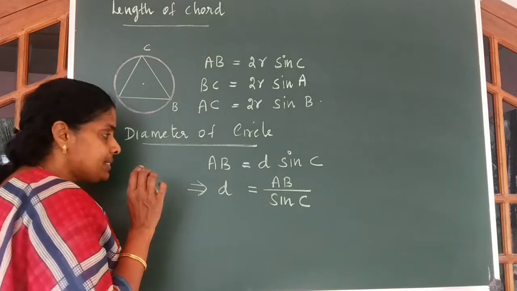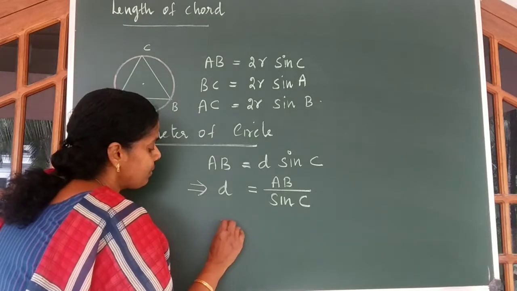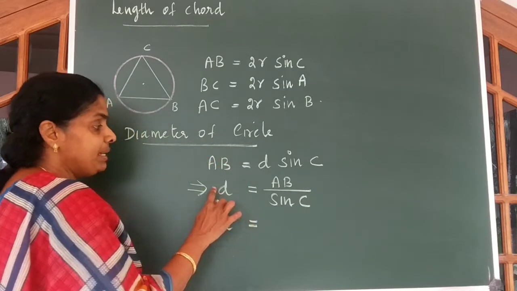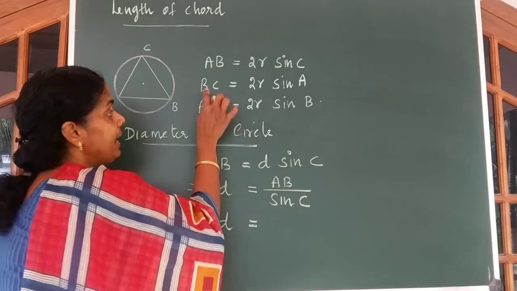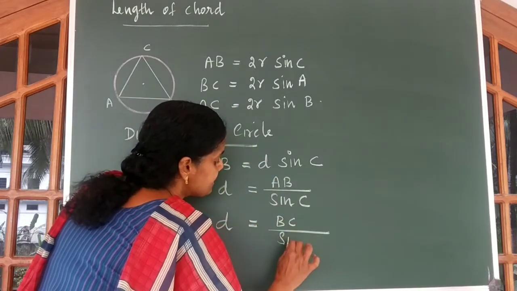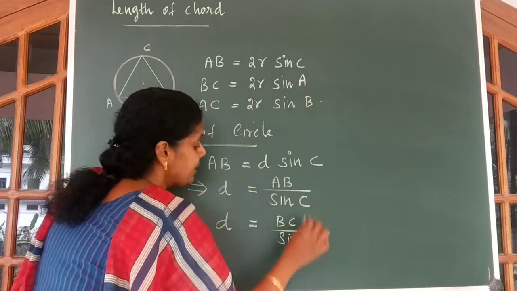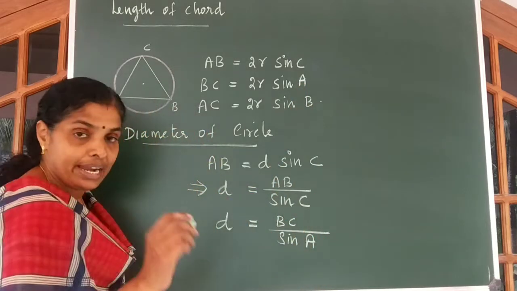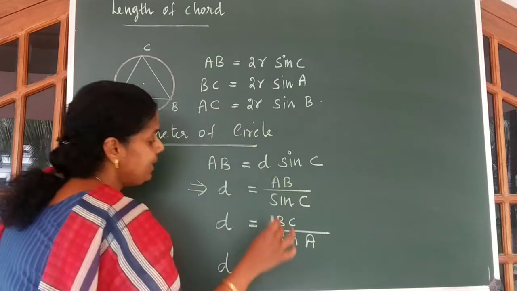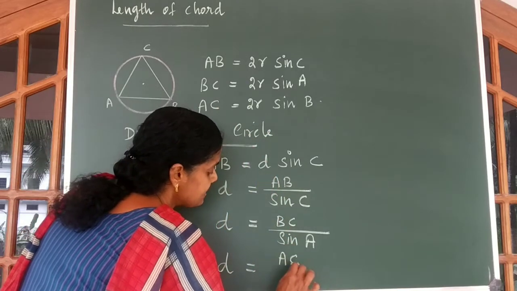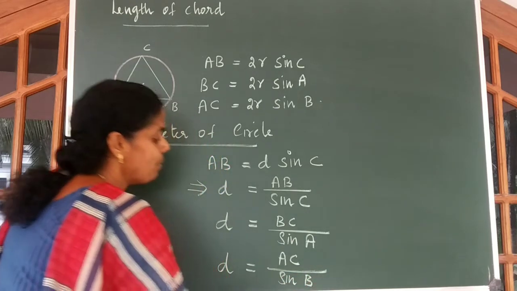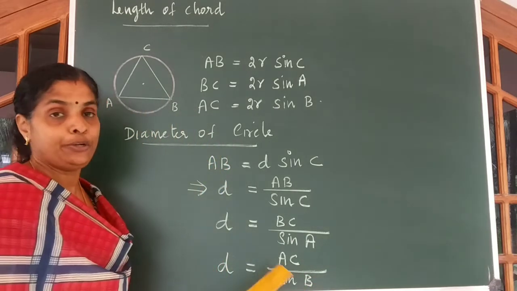Similarly, the formula for D is BC divided by sine of the angle A, or otherwise D is equal to AC divided by sine of the angle opposite to AC, which is B.